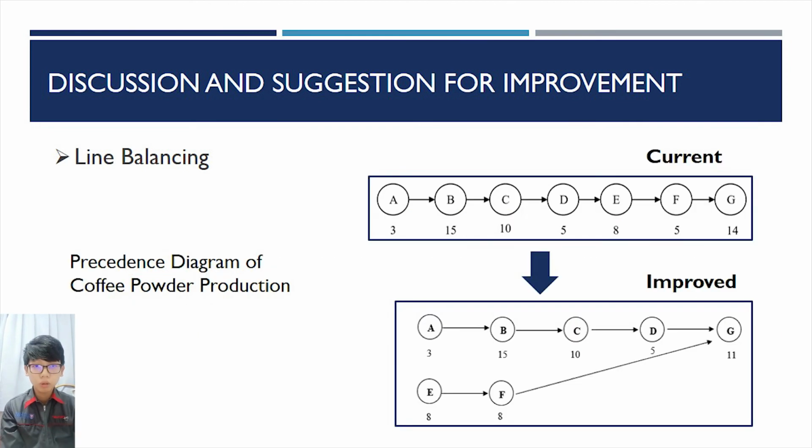The figure below shows the current precedence diagram of powder production and the improved precedence diagram. As we can see from the figure, processes E and F can actually be processed together with processes A and B, so that the improved line balancing can improve the efficiency of the production.